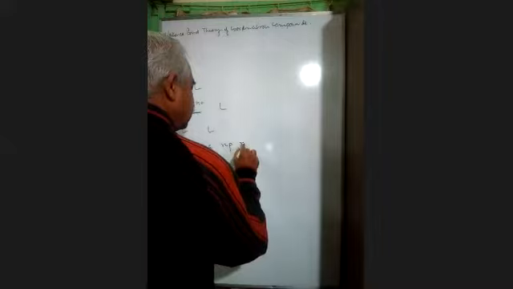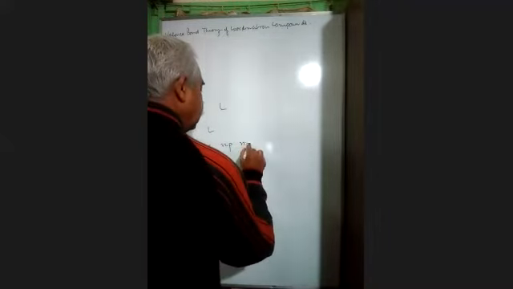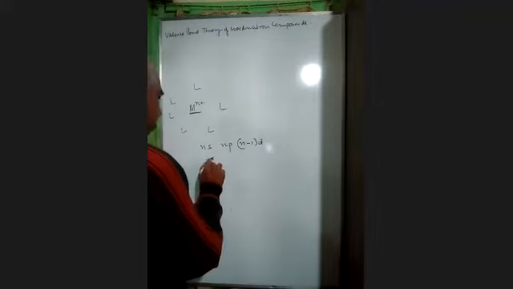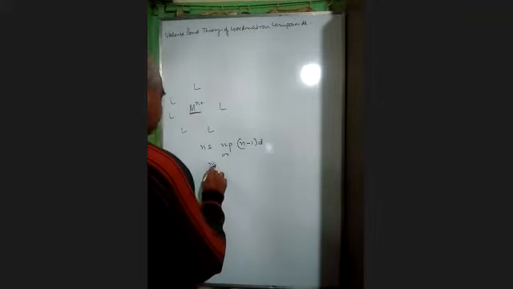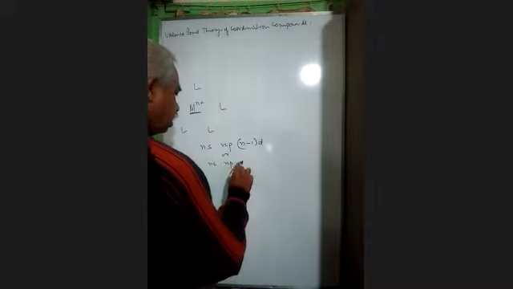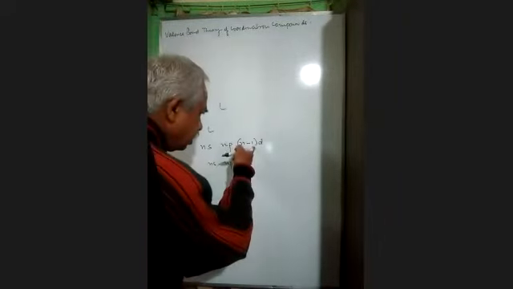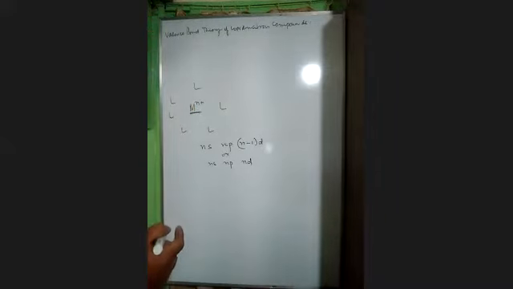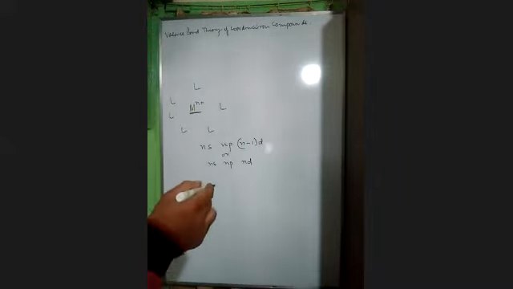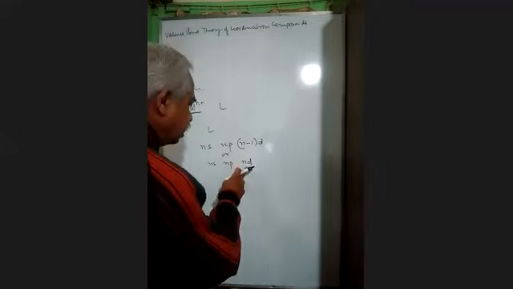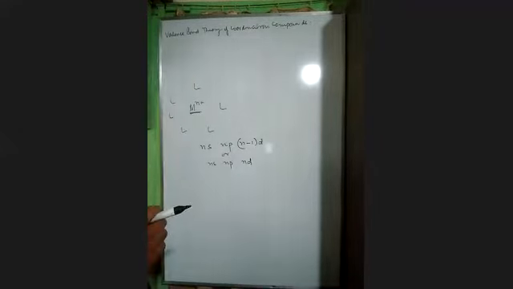either they take the inner d orbital or they take the help of the outer d orbital, depending upon whether it is free or not. If the inner d orbitals are not free and contain electrons, they take the help of the outer d orbitals.